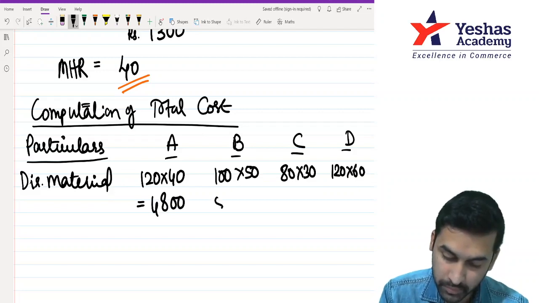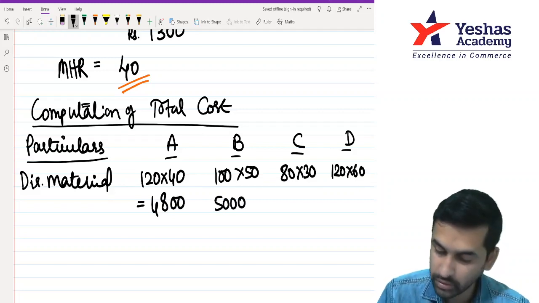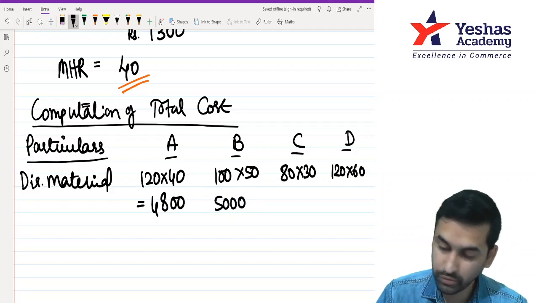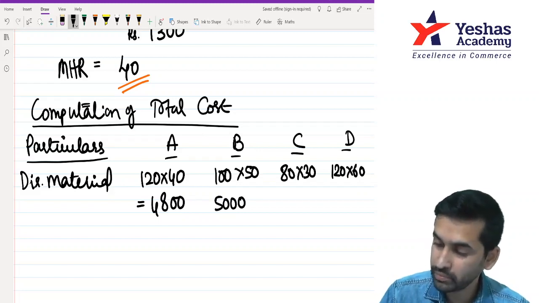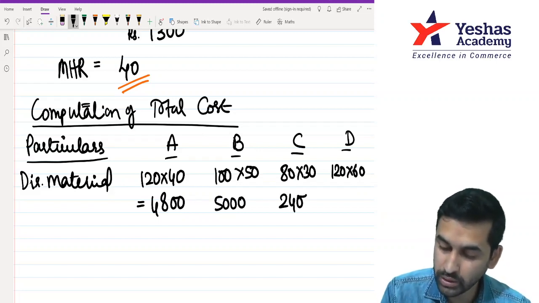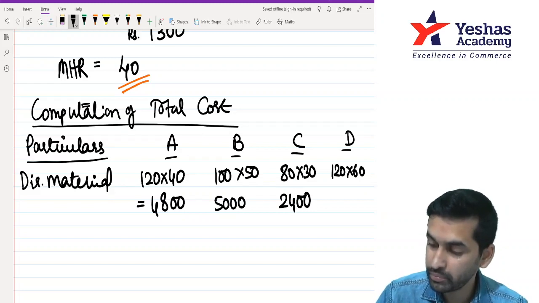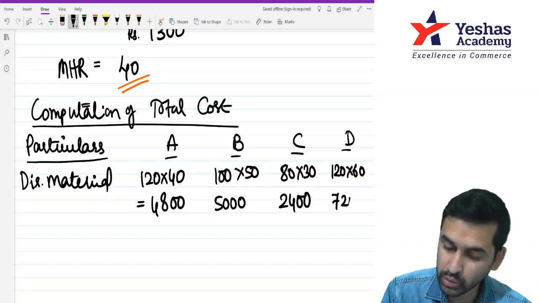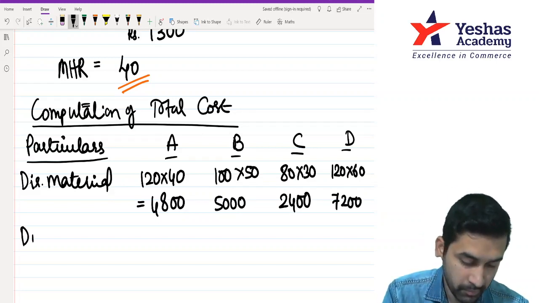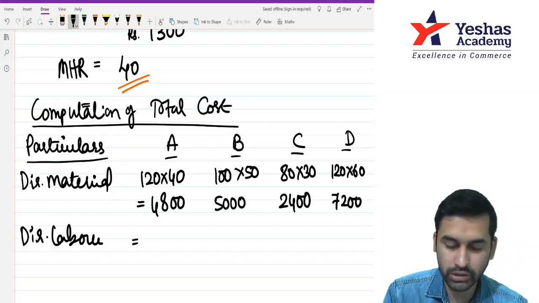$4,800, 5,000, 2,400, 7,200. Then comes direct labor cost.